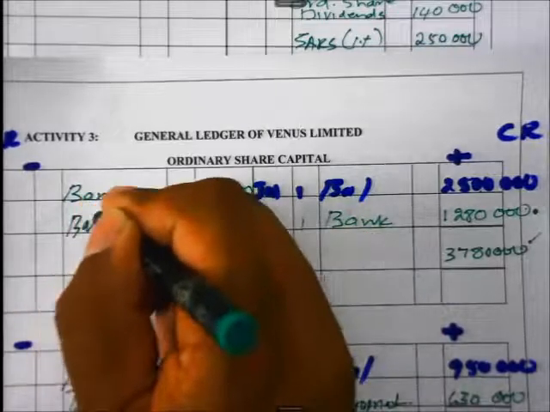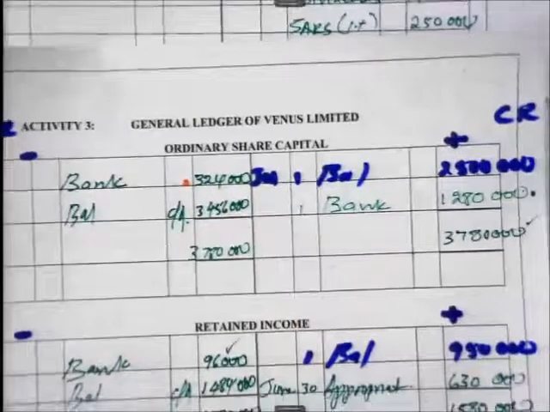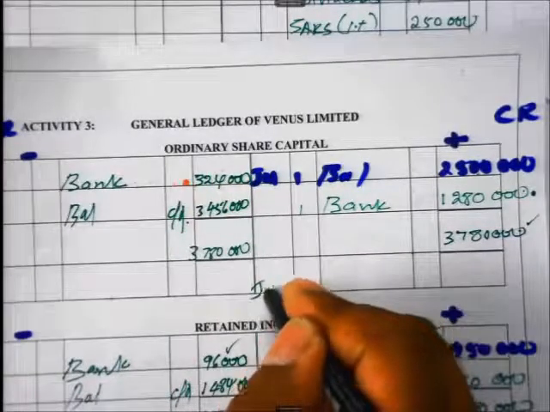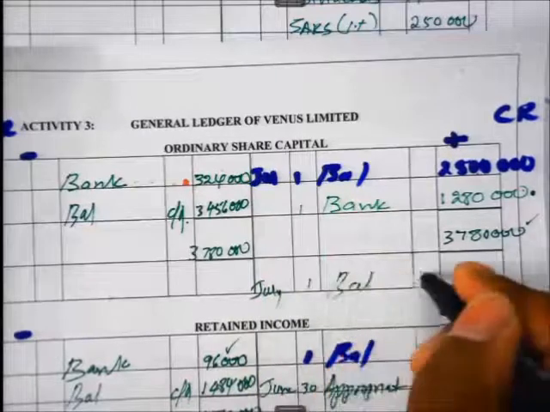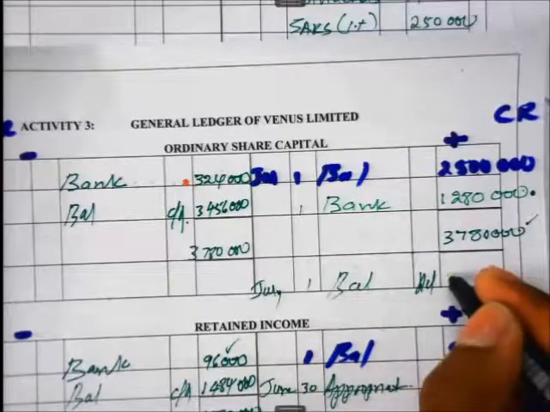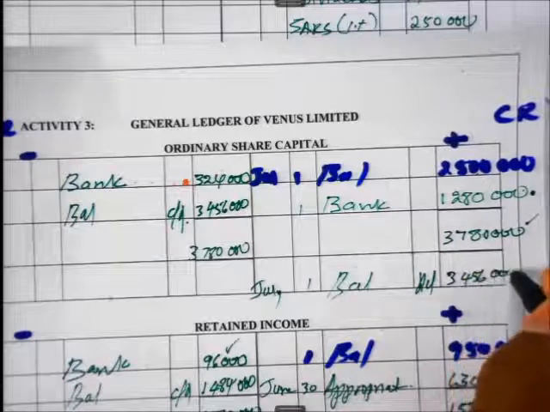That is your balance carried down, and on July 1, your balance brought down would be the same amount of 3,456,000.